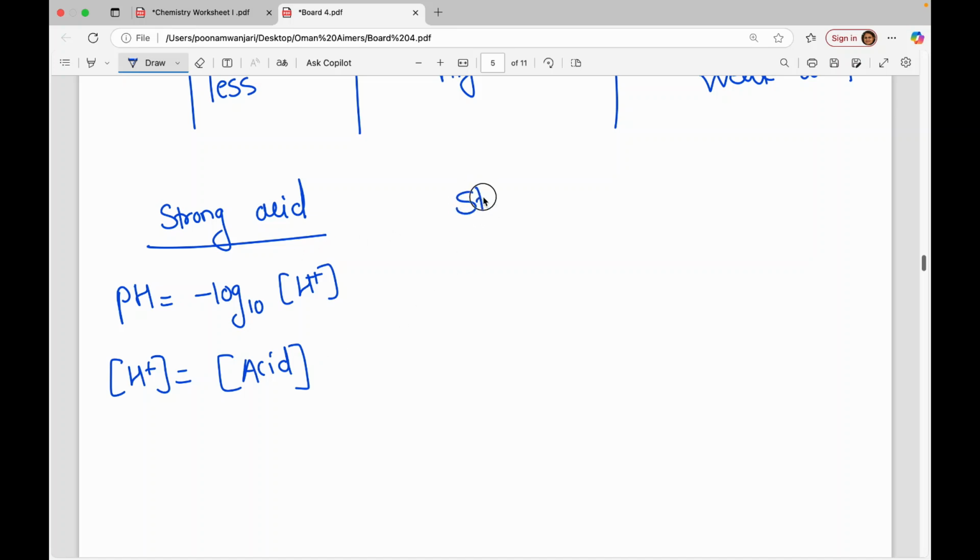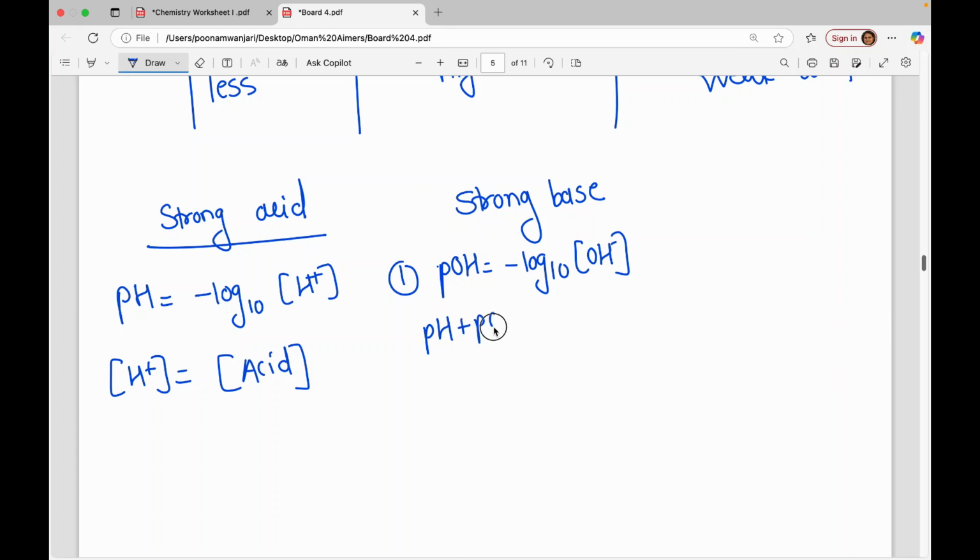Now if you have a strong base, use two formulas. The first one is pOH is equal to negative log to the base 10 of the concentration of hydroxyl ions. From this you will get OH minus ion, and pH plus pOH is equal to 14. So 14 minus pOH you will get pH.